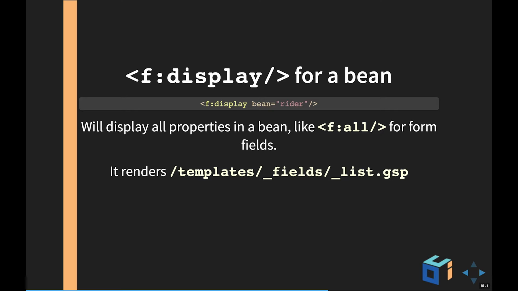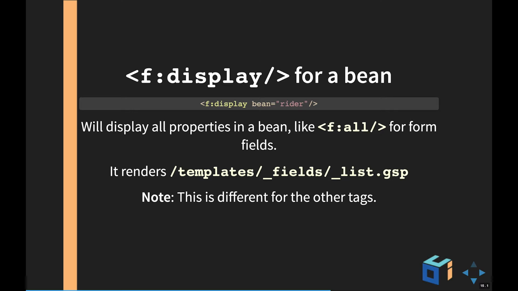Yes, exactly. So it tries to render a template called templates_fields_lists, and that's one thing I'm suggesting that we change so it goes in the underscore fields. I don't know why they decided to do that detour when they started using it for Grails 3.